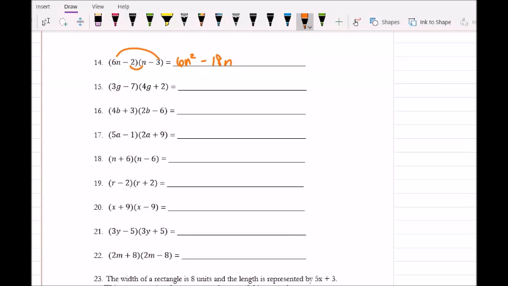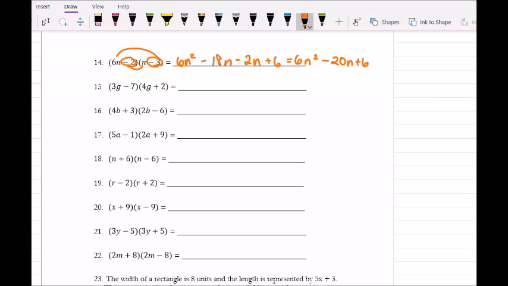Inner, negative 2 times n is negative 2n. And last, negative 2 times negative 3 is positive 6. And go back and combine 6n squared. Two negatives, remember, keep it negative and combine: negative 20n plus 6.